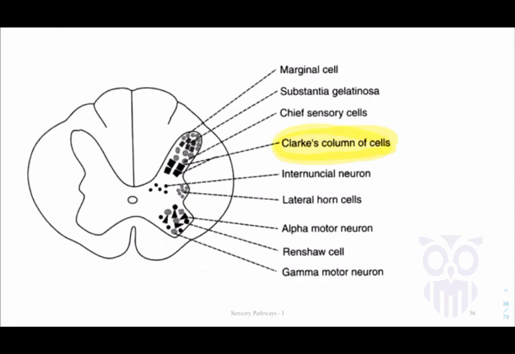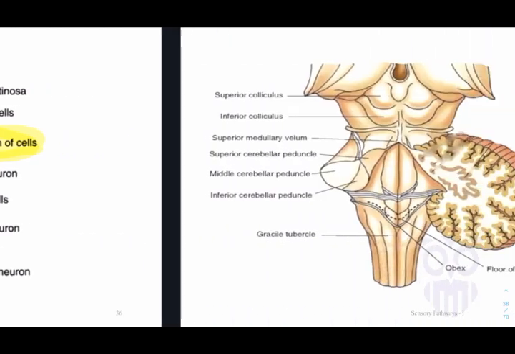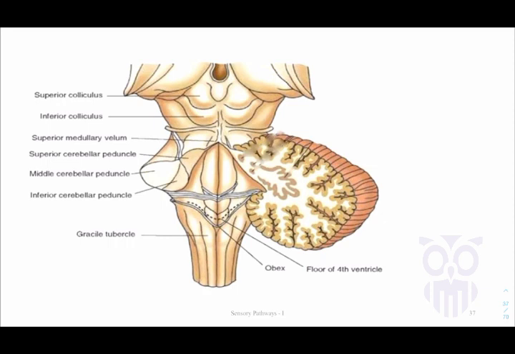Look at the name: it's not going to the thalamus or cortex, it's going to the cerebellum. From the spinal cord the end is the cerebellum, it's not going above. It goes through the superior and inferior cerebellar peduncles, carrying fibers from parts of the body into the cerebellum.